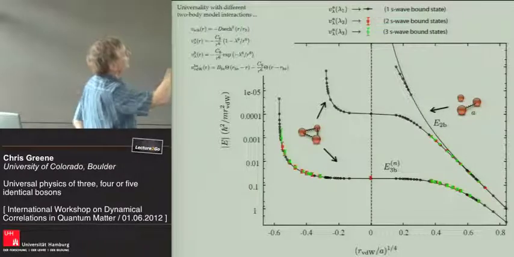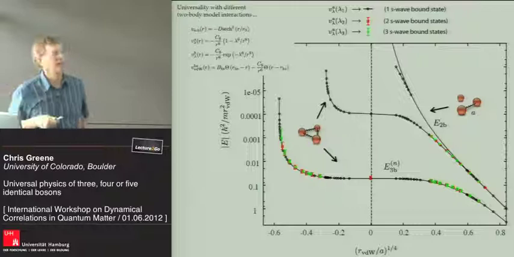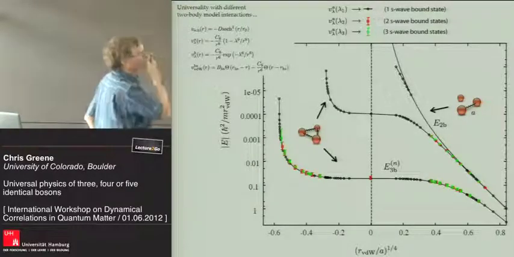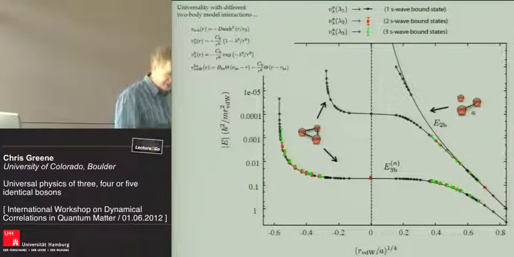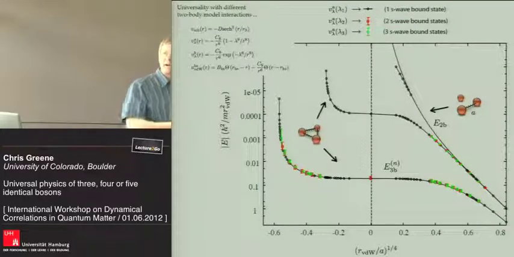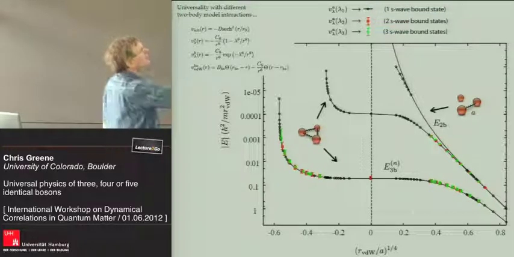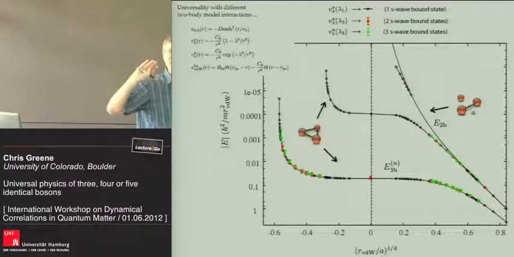But the different colors are different numbers of S-wave bound states in the potential. And you see they're just basically on top of each other. All these would have very different three-body parameters, you might have thought, because the short-range physics is very different. For instance, when you have only one S-wave bound state, you don't get this huge spaghetti of zillions of potential curves.